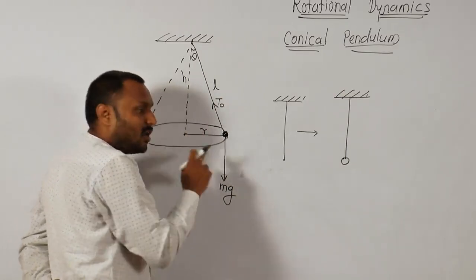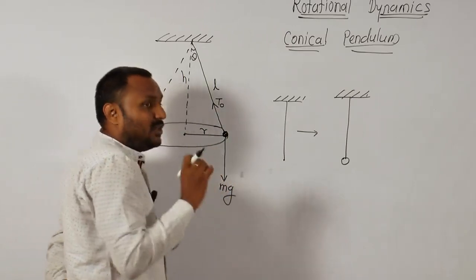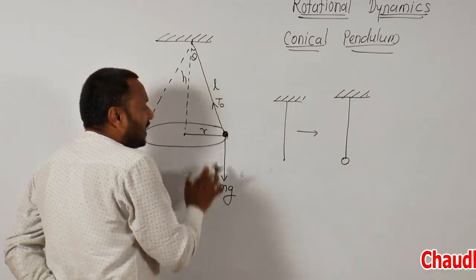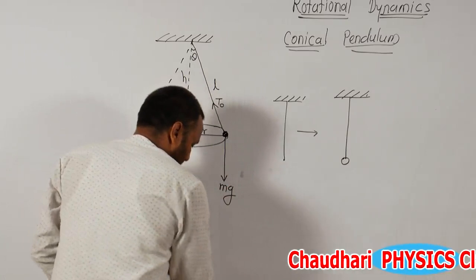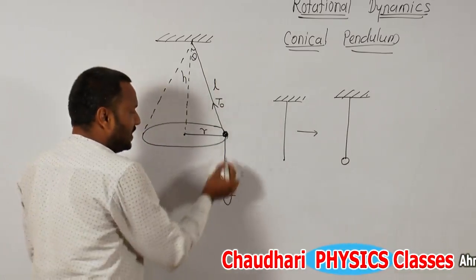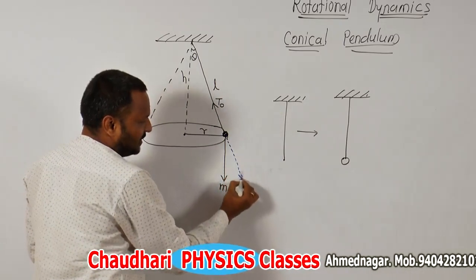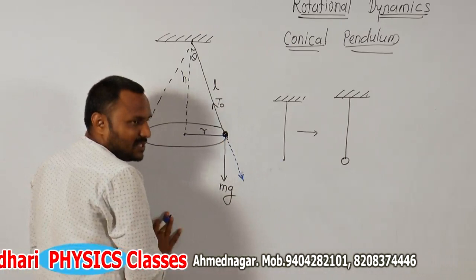And if they are not along the same line, then we resolve that vector. Then this mg gets resolved into two components. Now observe this. This is mg, which gets resolved into two components: this is one component and another component is perpendicular to that.